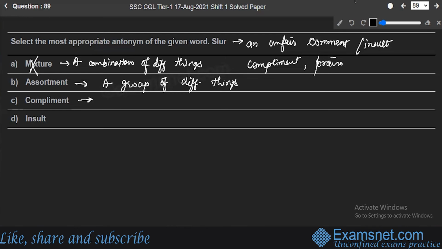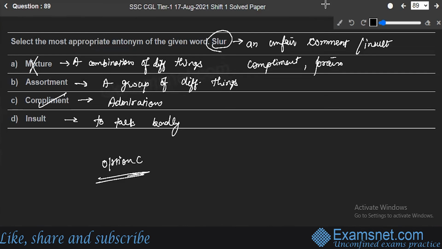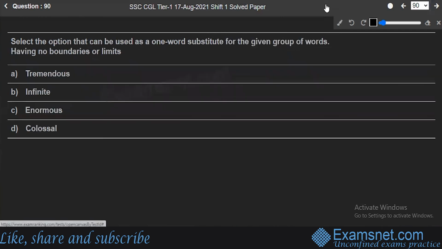Compliment means admiring, a state of admiration. Insult means to talk badly, right? So, which is the correct option? Option C, that's admiration, is the opposite word to slur. Option C is the answer to the question. Hope you are clear. Then let's move to the next question, number 90.